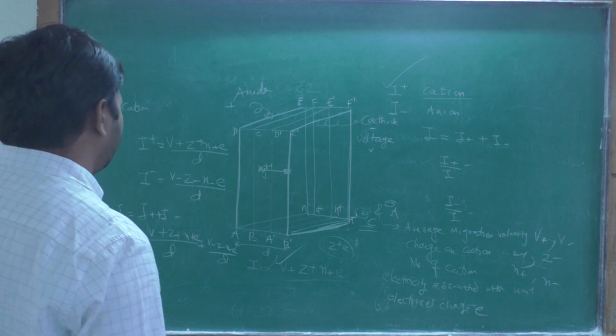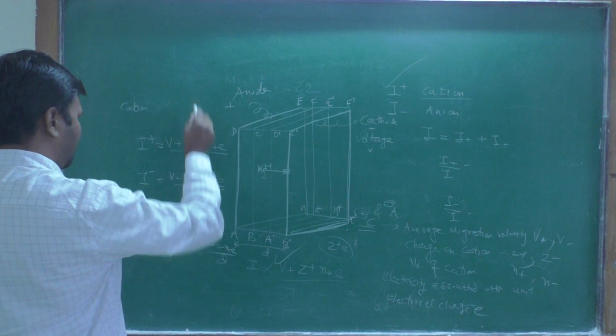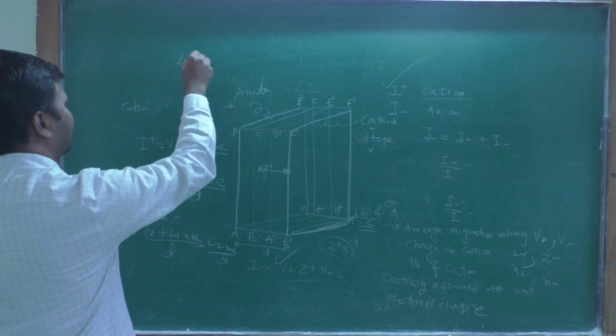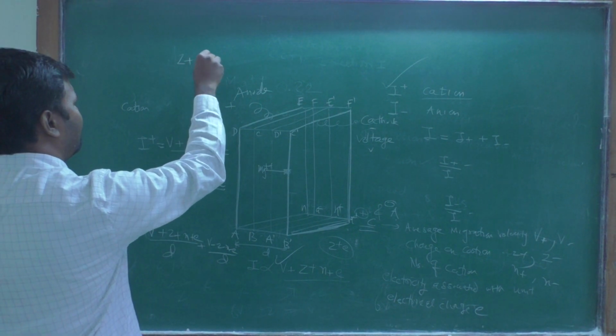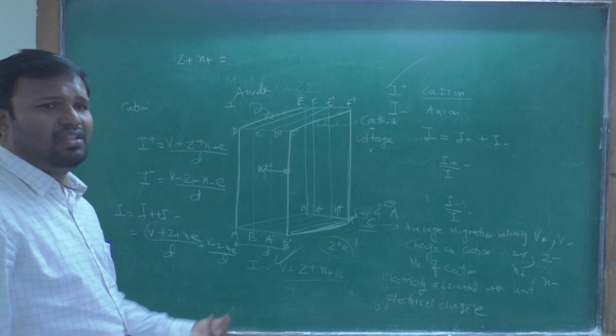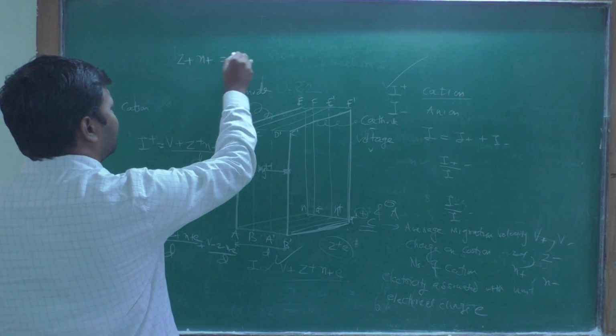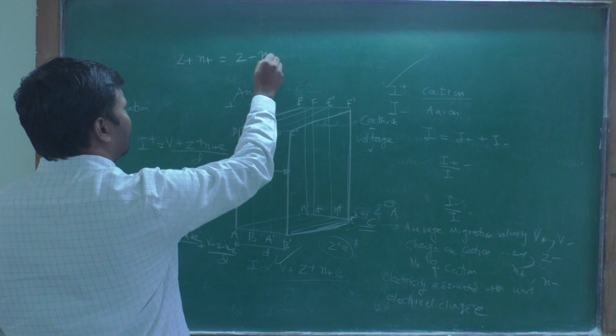We know that the velocity may be different, but the charge and the number of cations is always equal to the number of anions, for the simple case.